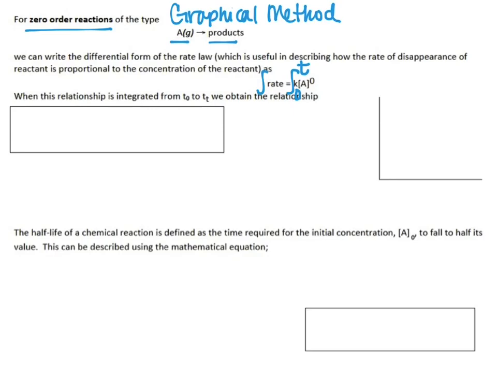And when they integrated this, they came up with the following equation: the concentration of A minus the concentration of A at time 0, initially, is equal to negative kt, t being your time.